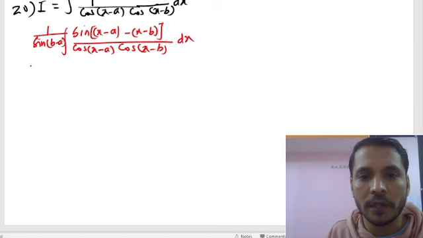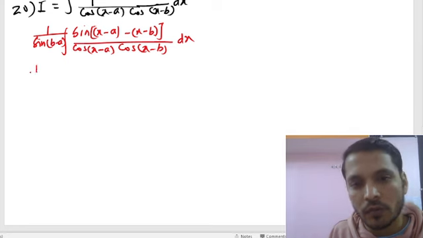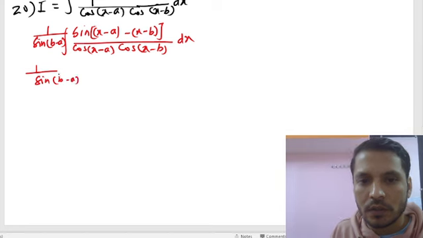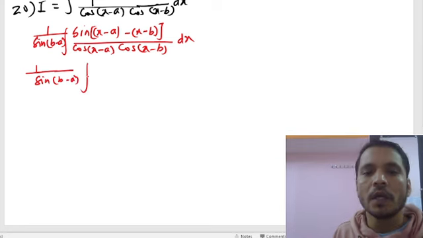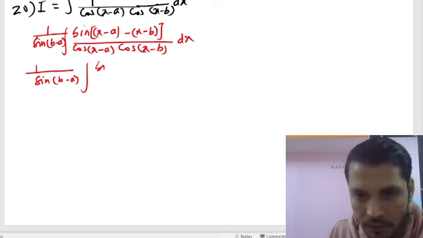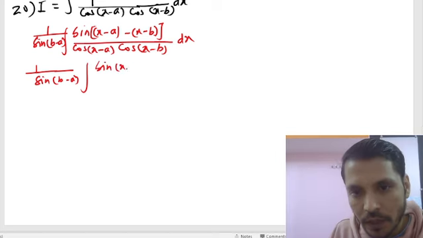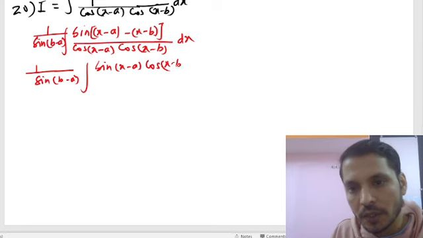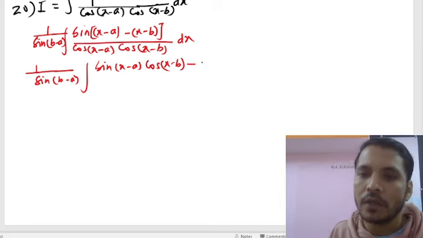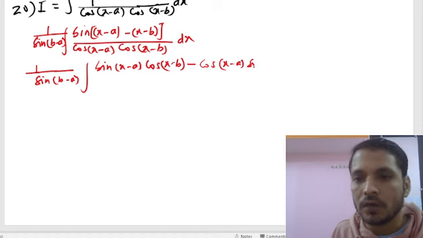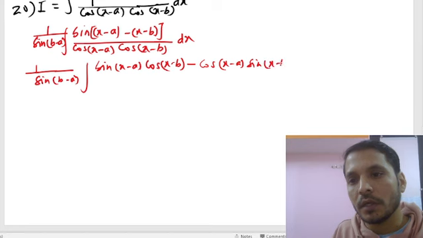Now we apply the compound angle formula. 1 by sin b minus a as it is, because this is a constant. Now sin a minus b will become sin x minus a cos x minus b, minus cos x minus a sin x minus b.